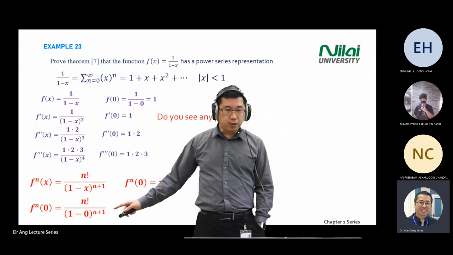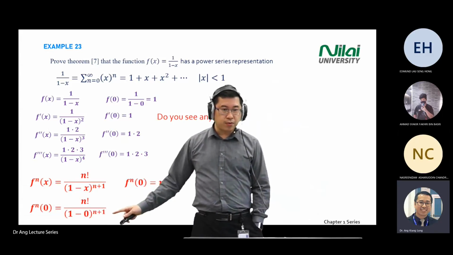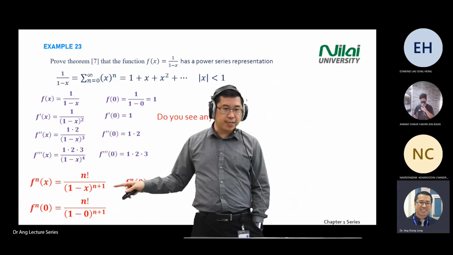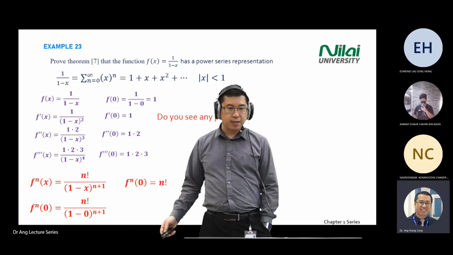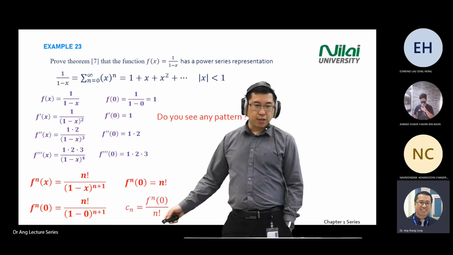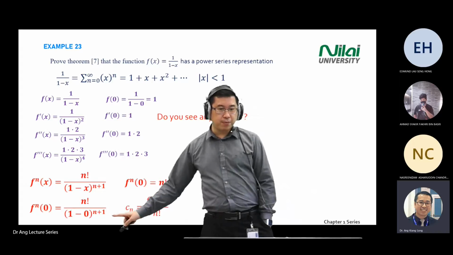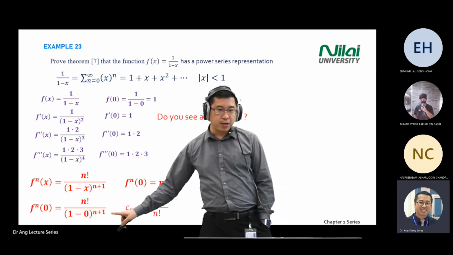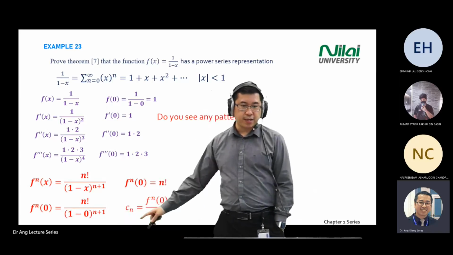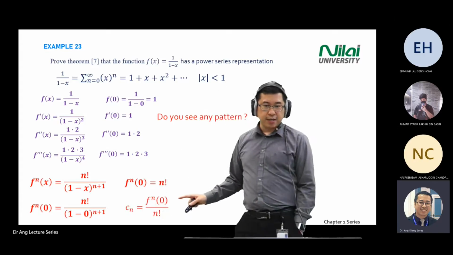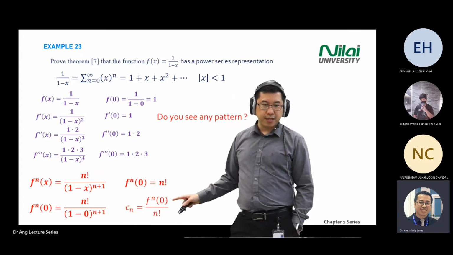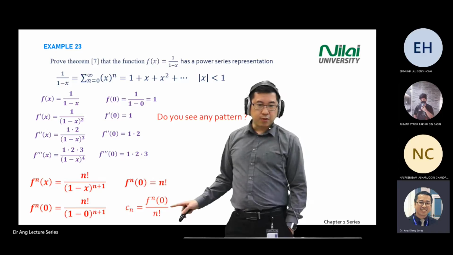So you replace x equals 0 in the top equation here. You will get n factorial, because below the denominator you get 1 no matter how big your n is, and you can arrive at this equation.